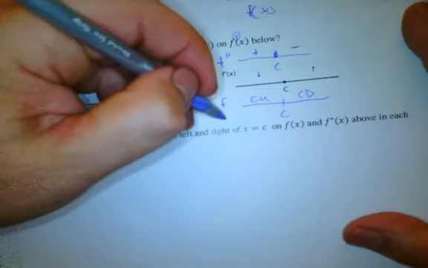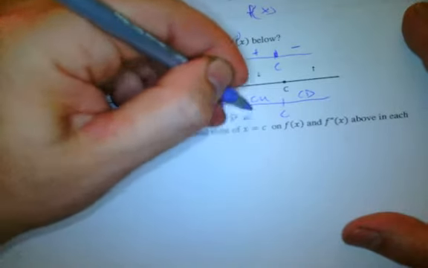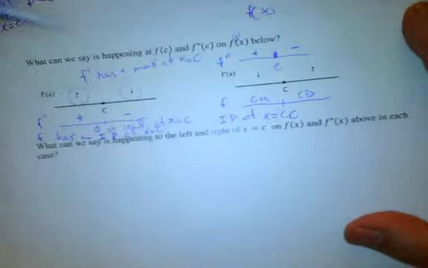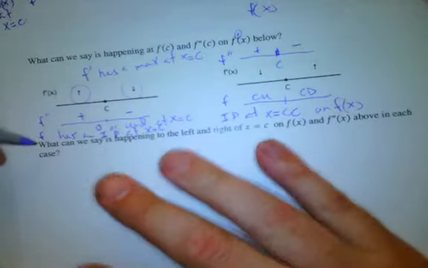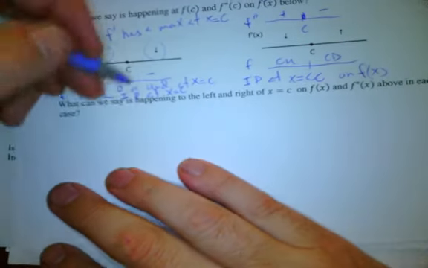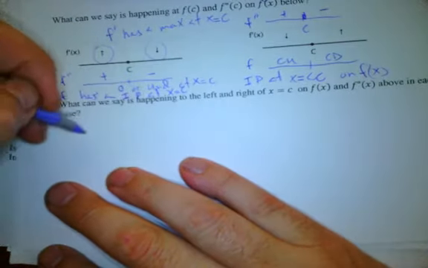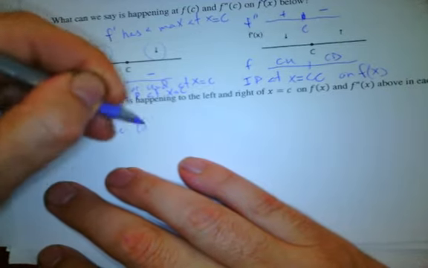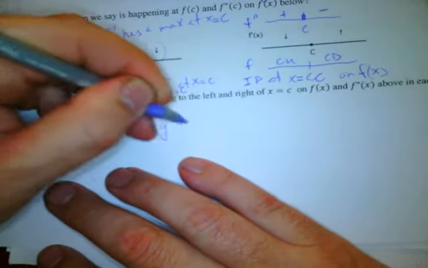And here, where f prime goes from decreasing to increasing, f double prime would go from negative to positive, and therefore f would be going from concave down to concave up, and so we would say an inflection point at x equals c on f of x.